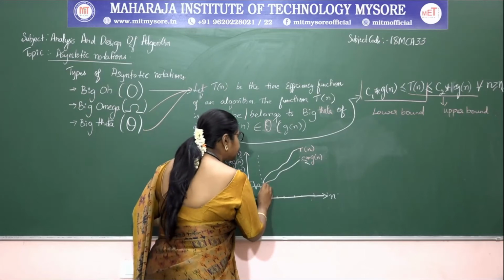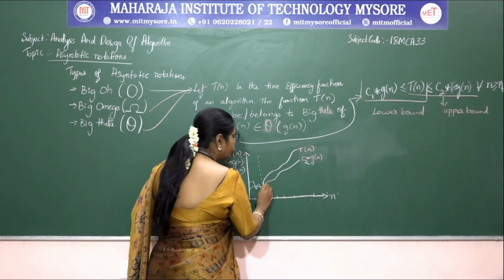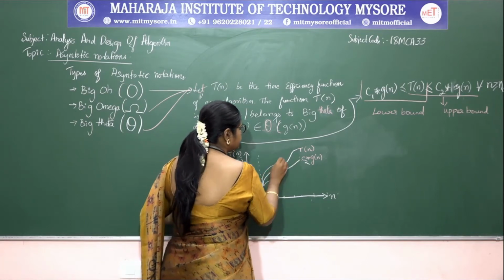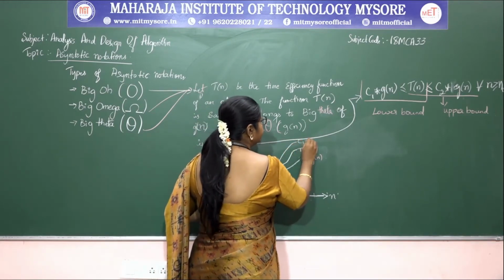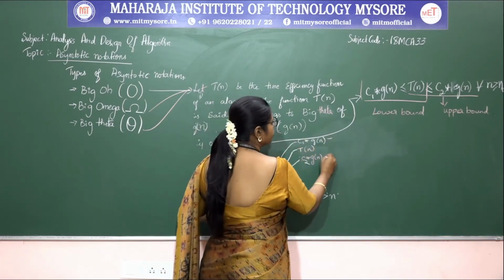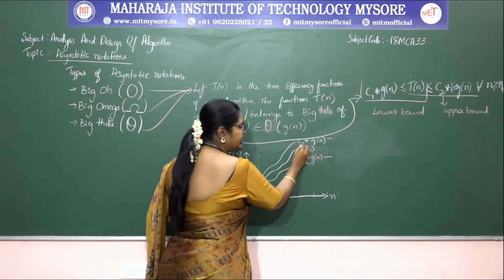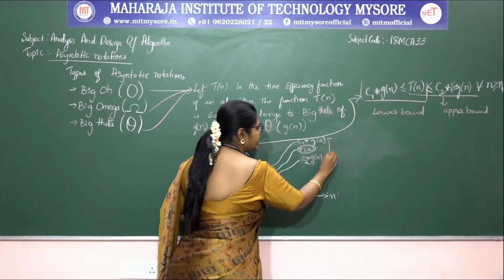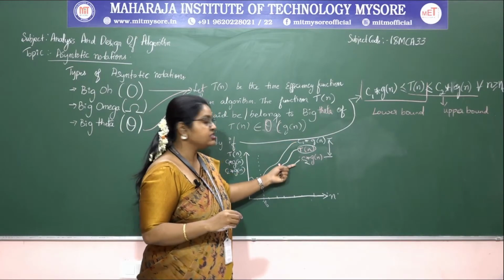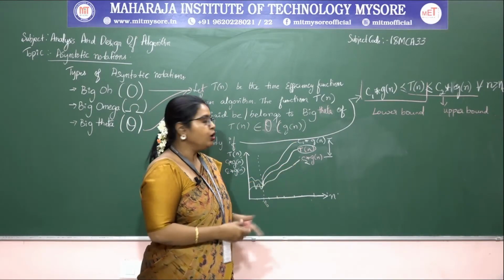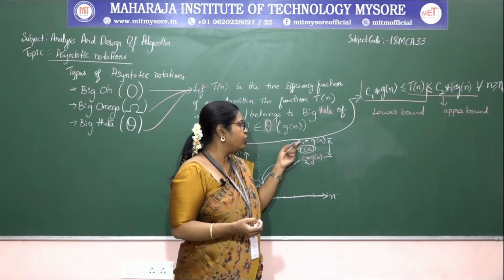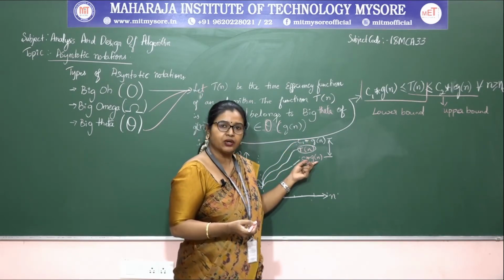In order to represent the upper bound we make use of C2 into g of n. And to represent the lower bound of the algorithm, we have one more curve, called C1 into g of n. Okay. So this is your lower bound, this is your upper bound. So your T of n lies between your C1 into g of n and C2 into g of n. So your algorithm efficiency lies between this equation and this equation.